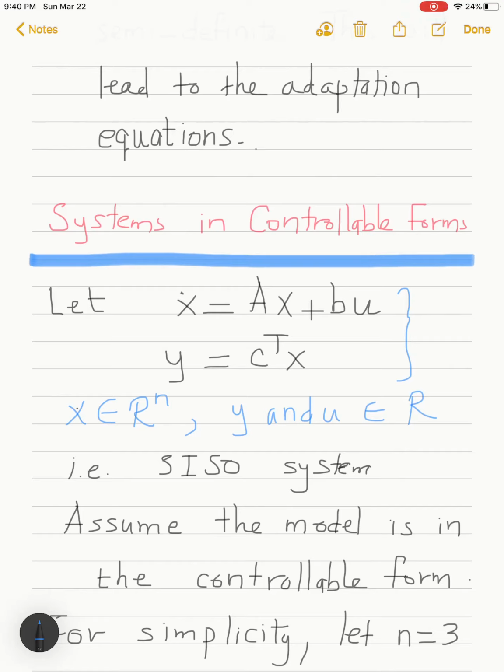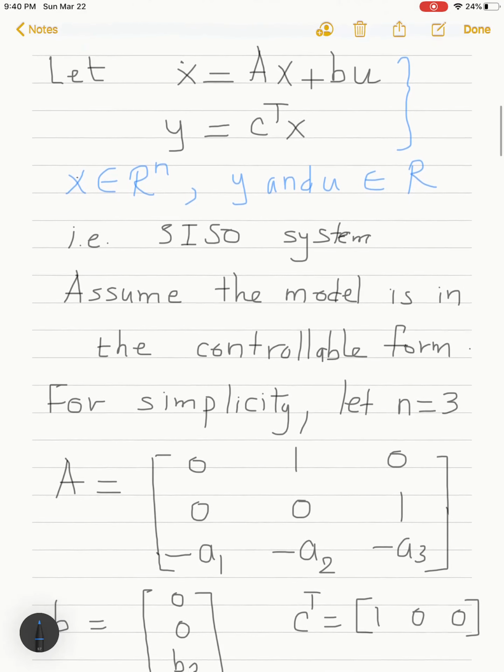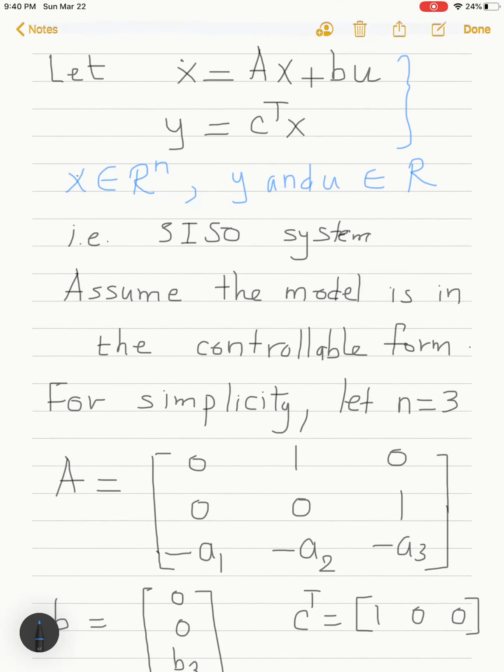That means that I'm considering a single input, single output system. Also, for simplicity of the derivations, I'm going to assume that the system is third order. However, this is not a restriction. What we are going to do applies to any order n.